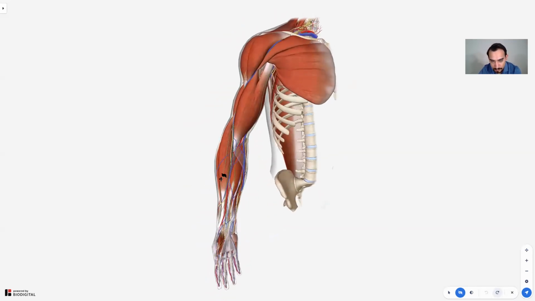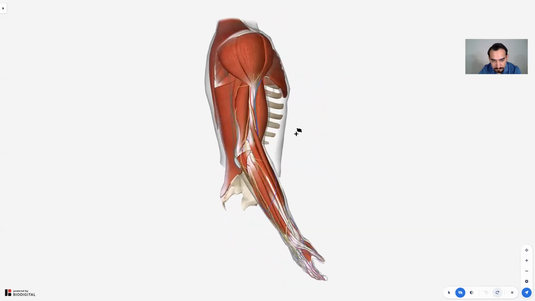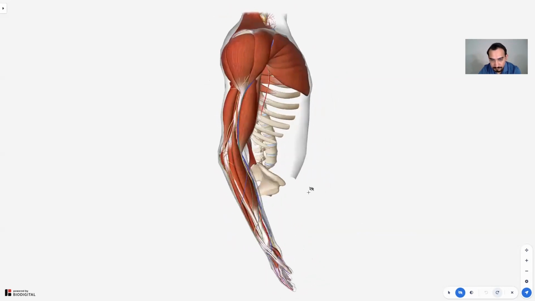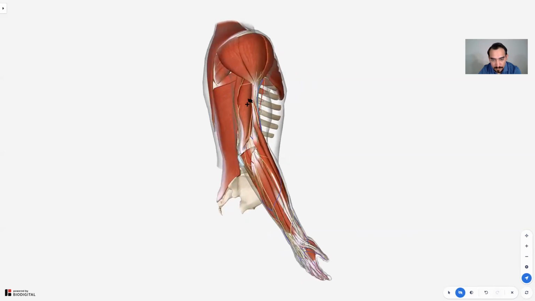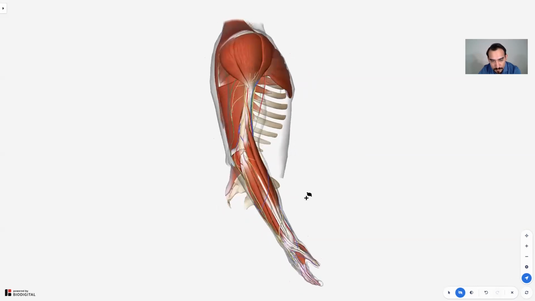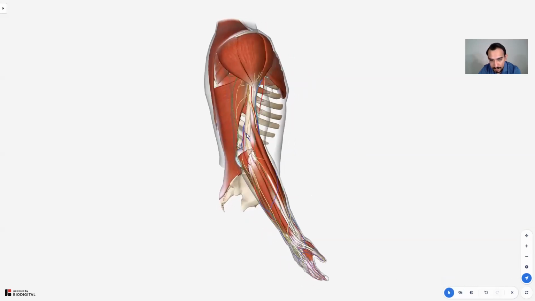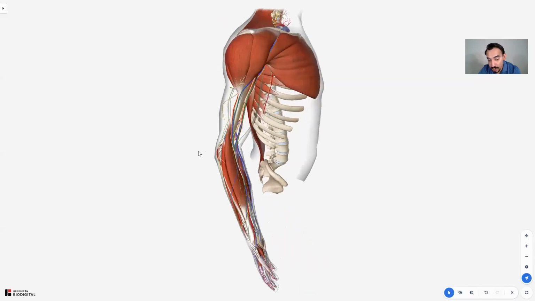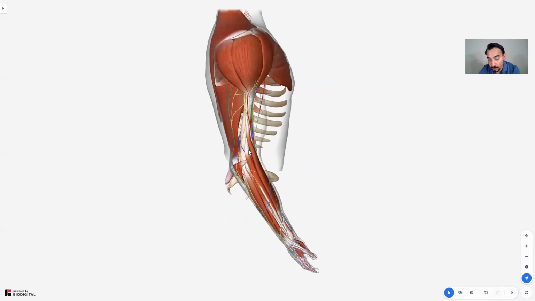Yes, this one. Okay, so this one was extensor carpi radialis brevis. That is just above the lateral epicondyle of the humerus. Above that, from the mid shaft area, is brachioradialis.